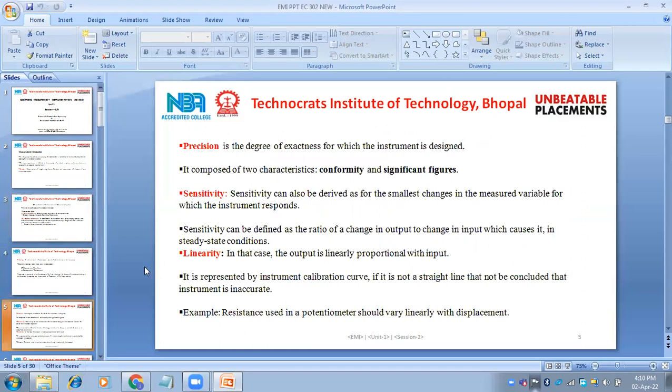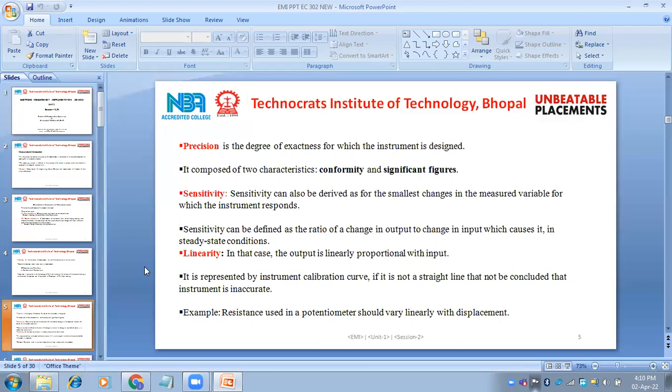Another characteristic is called precision. It is the degree of exactness for which the instrument is designed. It is composed of two characteristics, conformity and significant figures. So how do we get a precise value across the output terminals? That is why we use measuring instruments.